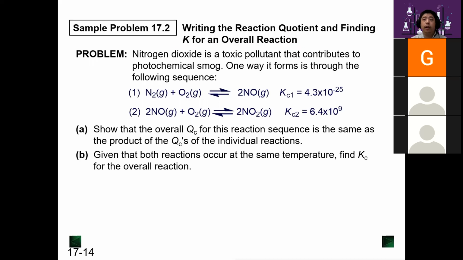Okay. So I want you to take these two equations. We are going to look for the overall equation first.